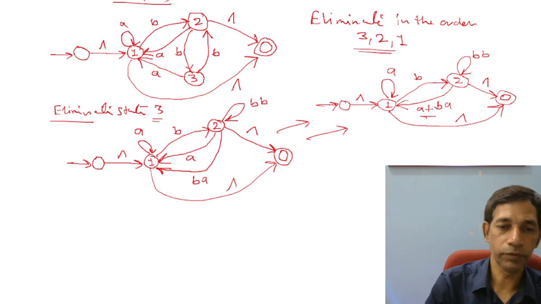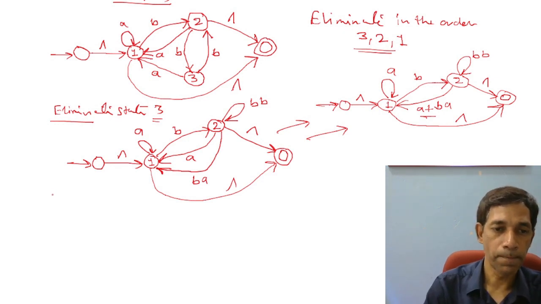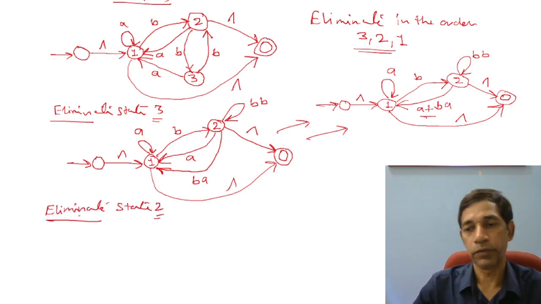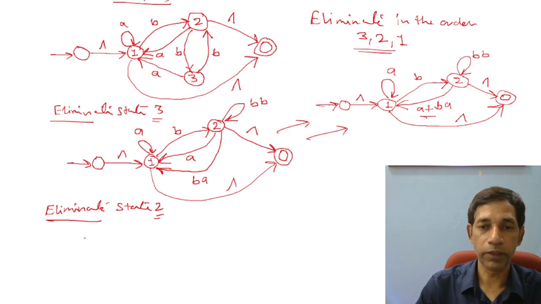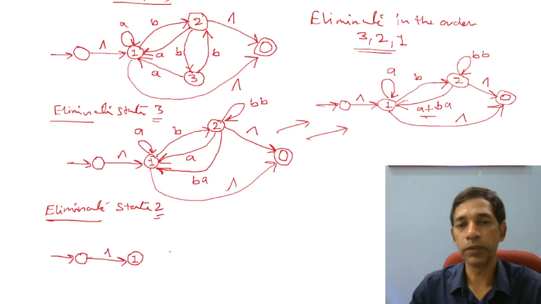Now we need to eliminate the other state. So you are going to eliminate state 2. How can we eliminate state 2? When you go for the elimination of state 2, this is the initial state, and we have state 1. From the initial state you are going to state 1 for the null.